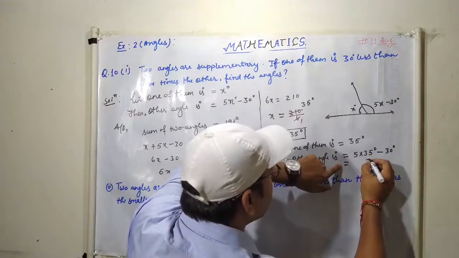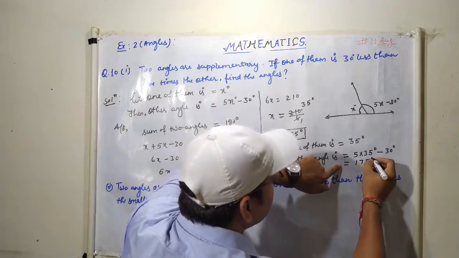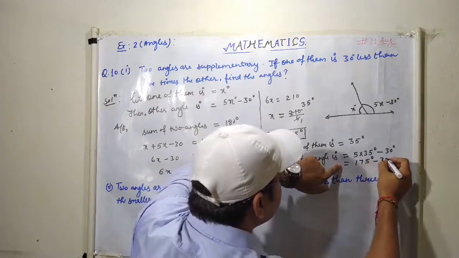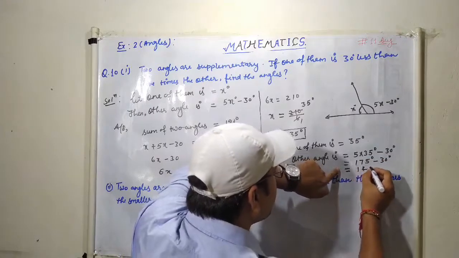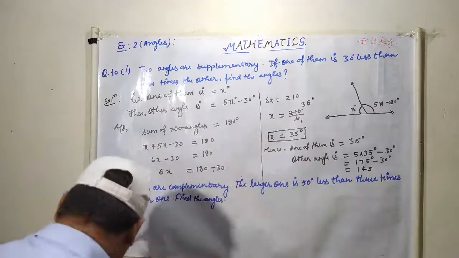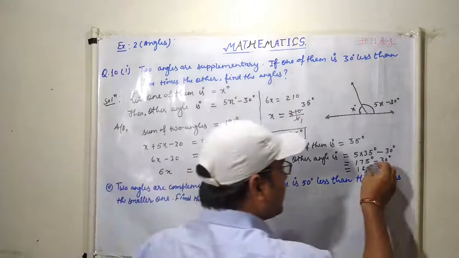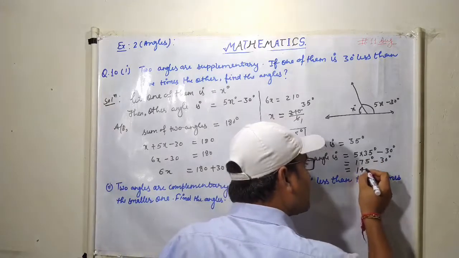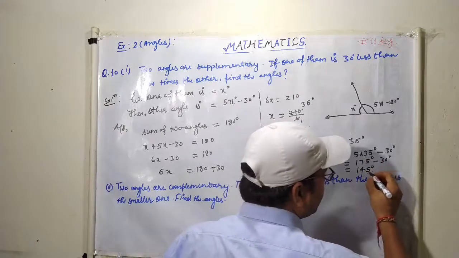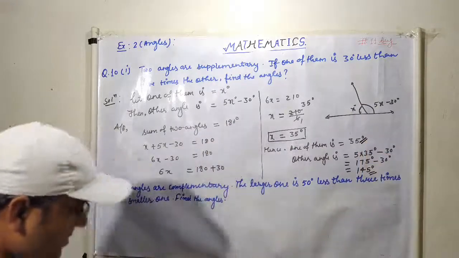Multiply this: 5 fives are 25, 5 threes are 15 plus 2 is 17, 175 minus 30 degree. What will you get? 145. You will get 145 degree. This is your answer.